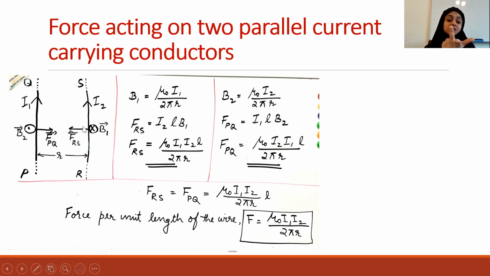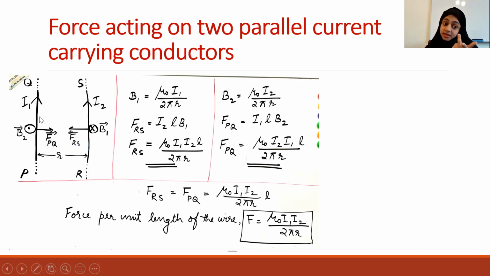Okay, now let us also find what will be the magnitude of this force FRS. We know that the magnitude of the magnetic field B1 produced by a current carrying conductor I1 is given by B1 is equal to mu naught I1 by 2 pi r. Here B1 is the magnetic field produced by PQ, that is a current carrying conductor.